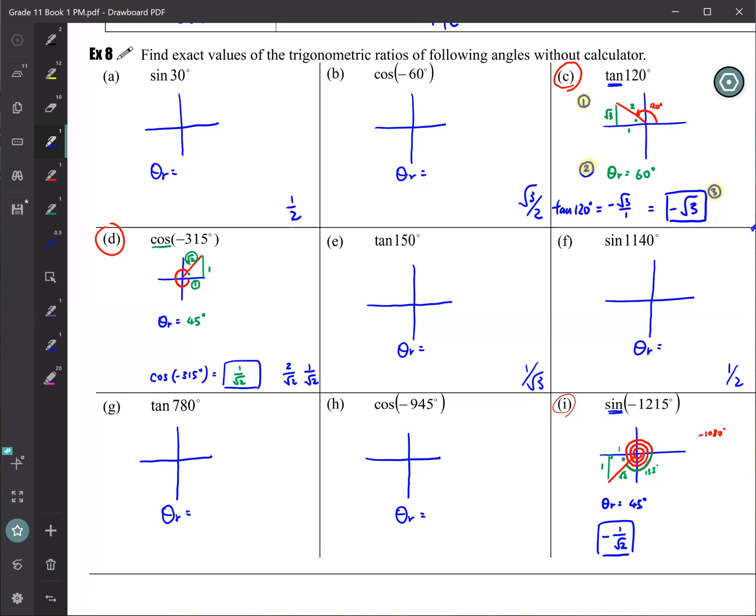I got -1/√3. Which one? For E. For E, -1/√3, okay. All right, thanks, Chris. And Annie, what's your answer for H? -1/√2.